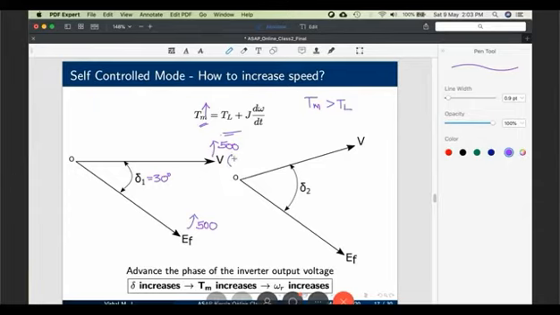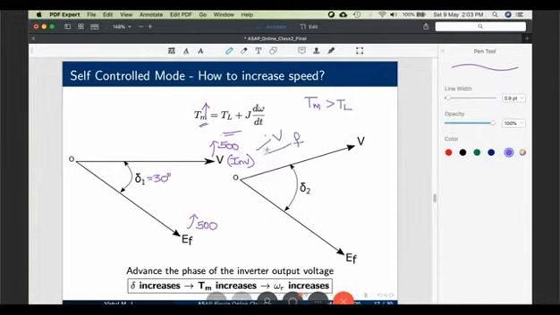That's what we see. This voltage V is impressed by the inverter connected to the synchronous motor. We have seen in the previous slide what all things an inverter can control. It can control V through pulse width modulation, and it can control F through frequency modulation.